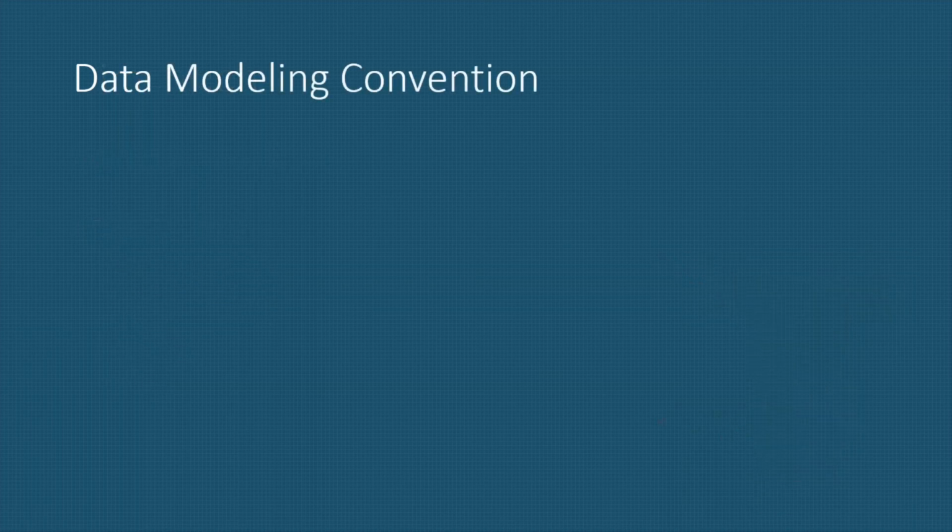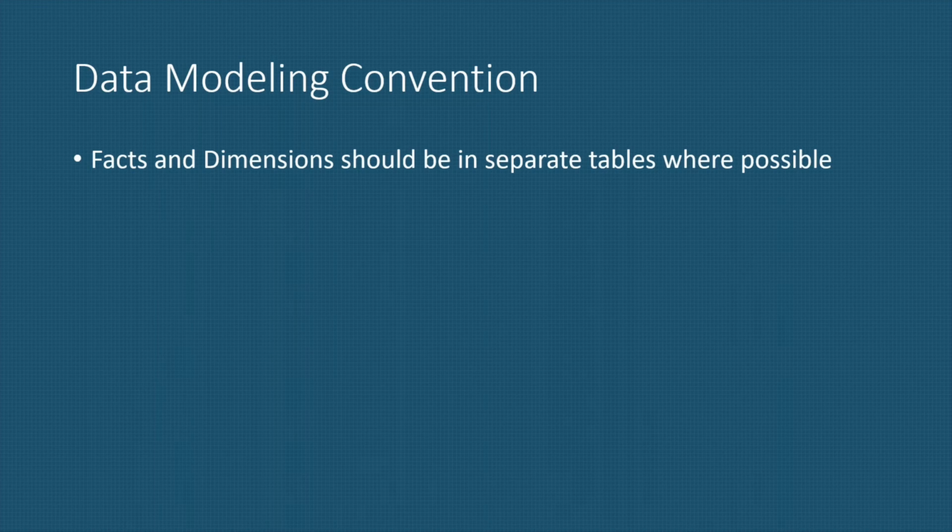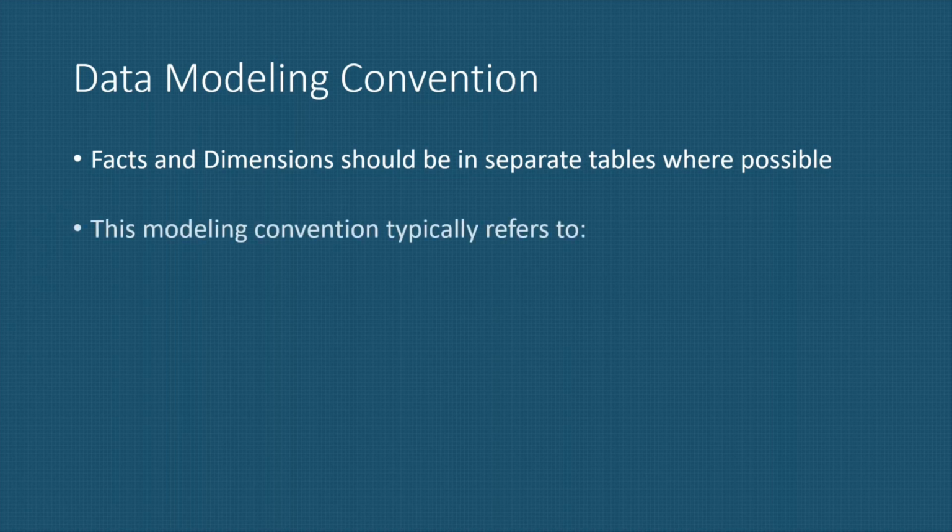Now, a convention that exists when doing any sort of data modeling is that facts and dimensions should be in separate tables where possible. In fact, a serious data analyst or a very serious accountant would tell you they always need to be separate. This modeling convention typically refers to fact tables and dimension tables. So when we talk about facts and dimensions, we mean we have to put them into their own table.